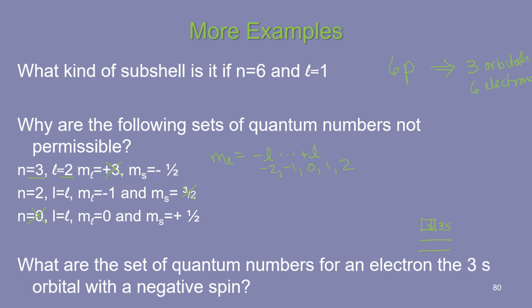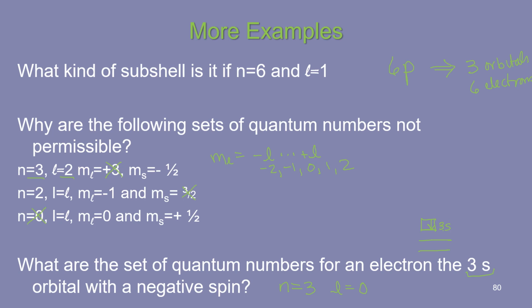So what does the quantum number have to be? Well, if it's the 3s subshell, then n has to be 3, because n is just whatever shell I'm in. If I'm in an s subshell, that means L has to equal 0. Of course, L can equal 0, 1, or 2, but I'm specifically talking about a 3s subshell, so L has to be 0. So n equals 3, L equals 0.